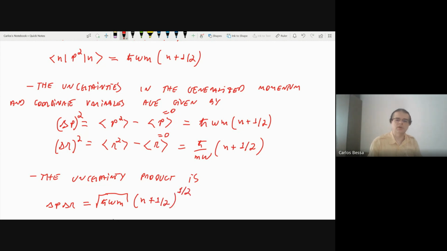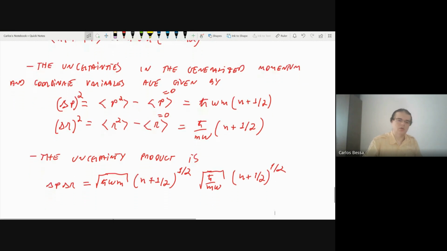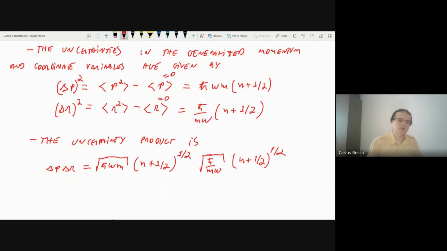This is delta P, and delta R is this, h bar omega, square root of this. And in the end, delta P, delta R, this guy goes like this: h bar times n plus 1/2.